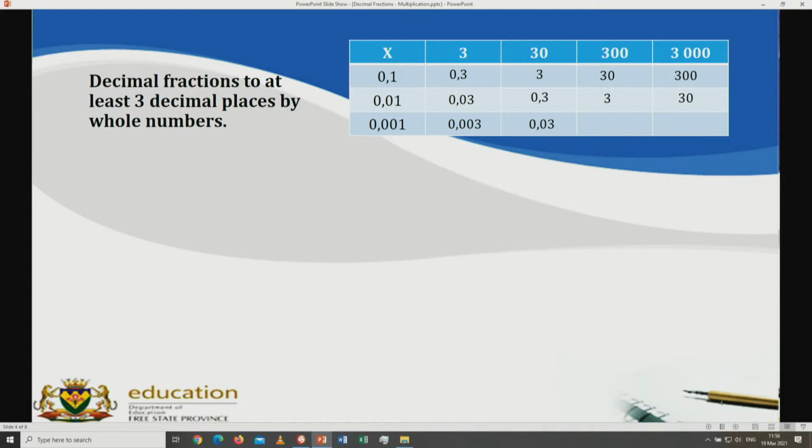Then we are going to have 0,03. I think you are clear on that. And then 300 divided by 1,000, we are going to have 0,3. And then 3,000 divided by 1,000 will give us 3. I think it's proper, ne?